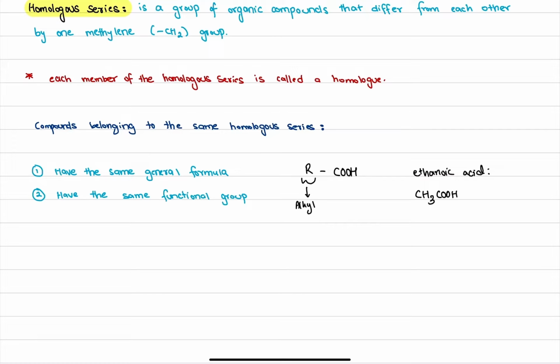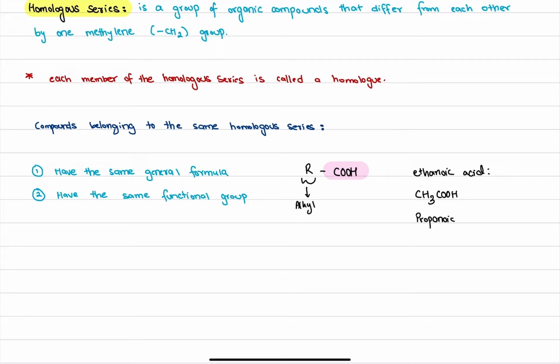In this case, you can see that this COOH, this carboxylic acid group, is the functional group of our carboxylic acids. Let me also give you the example of propanoic acid.